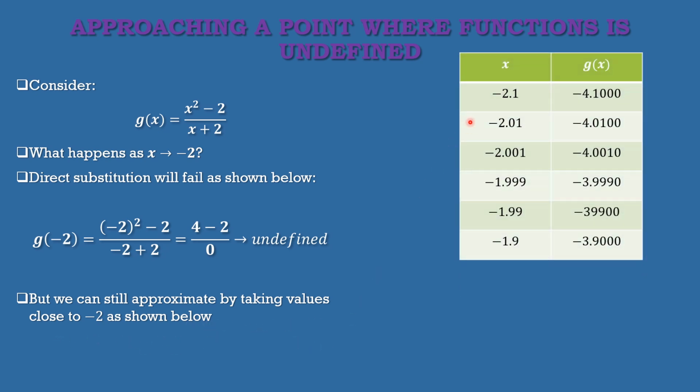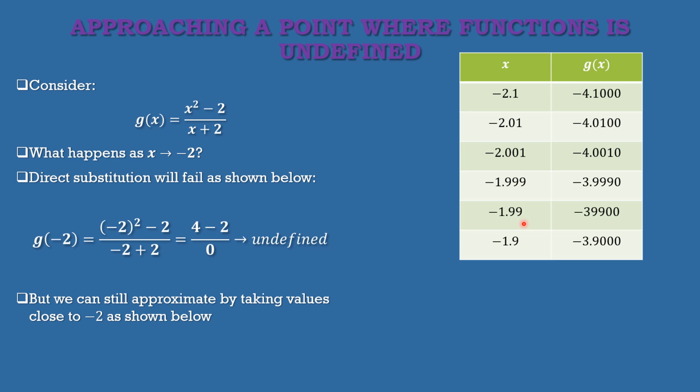So look at this graph. We can still find the approximation when x is approaching minus 2. Here we have values getting closer to minus 2. Minus 2.1 gave us this value as an input to the function g of x. Minus 2.01 gave us this value. Minus 2.001 produces this value. Minus 1.999 also resulted in minus 3.999.